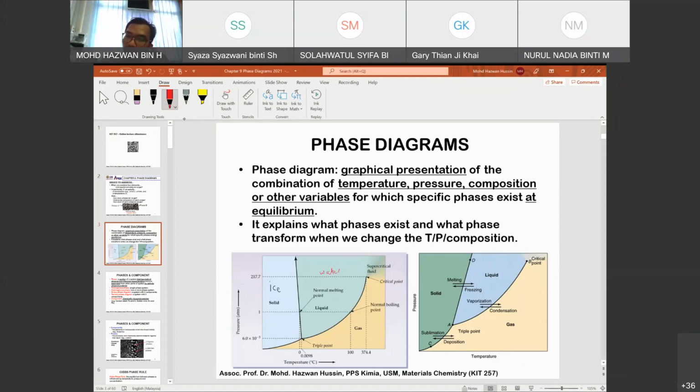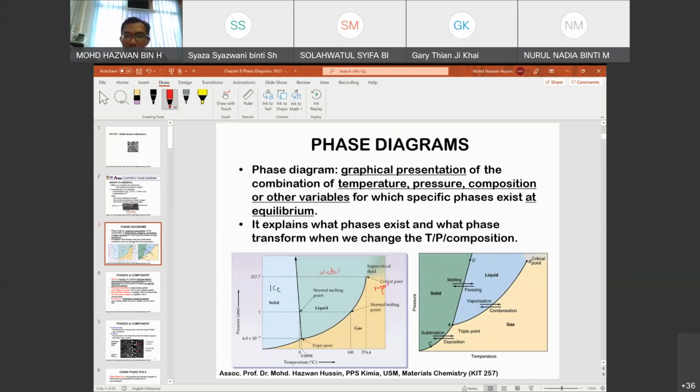And if the temperature exceeds the boiling temperature, the normal boiling temperature, then it will convert into gas or vapor. So this is the basic concept, the basic phase diagram of normal water.